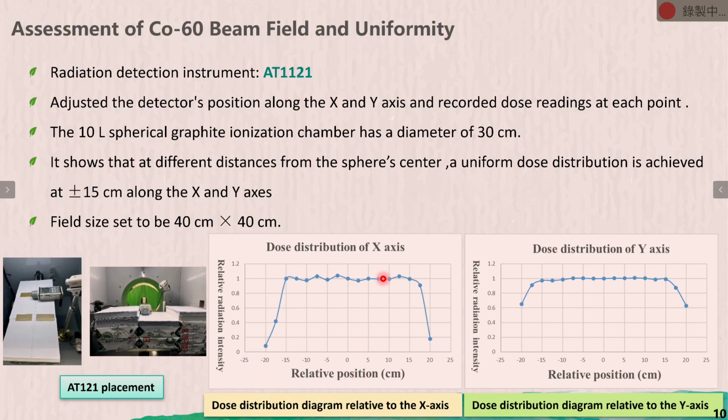In this diagram, this is the 0 point, and we use plus and minus 5 centimeters along the axis with the AT1121 instrument to do the dose distribution evaluation. Here it is 20 centimeters, and this is also, so we know the field size is set at about 40 centimeters by 40 centimeters.